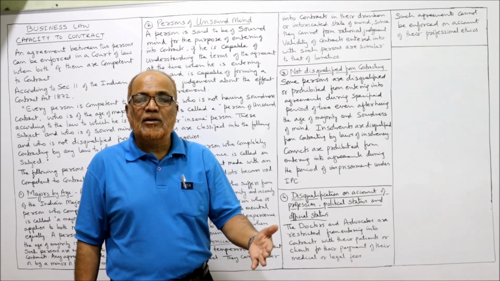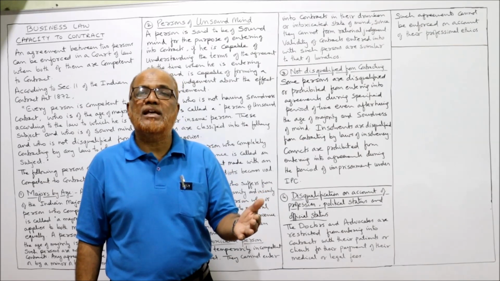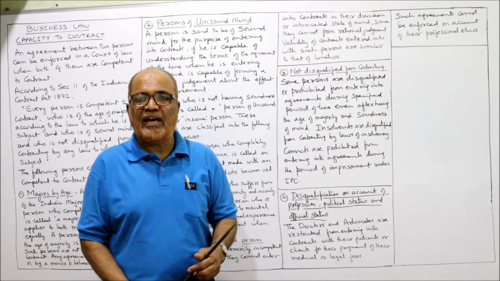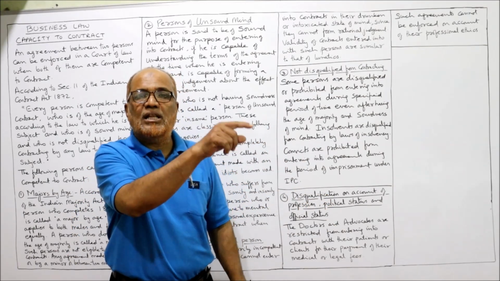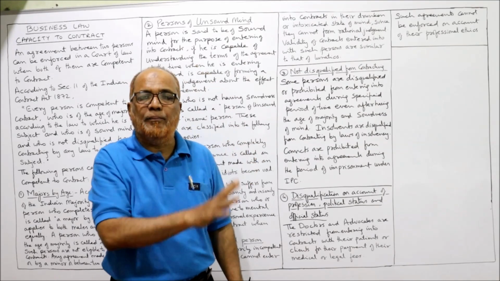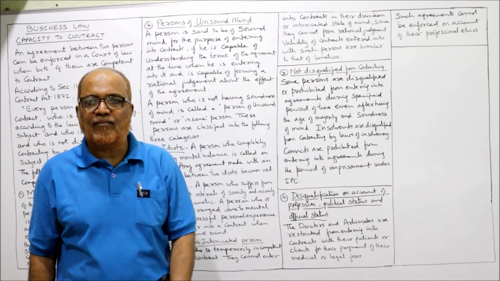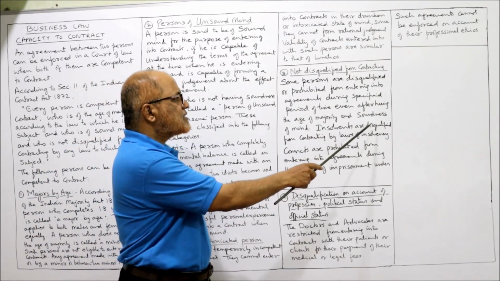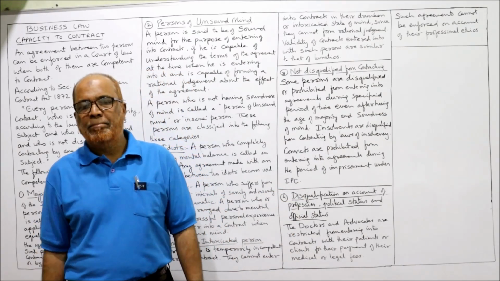For a specified period, the law has prohibited a person from entering into contract, in spite of majority of age and in spite of soundness of mind. Even if the person is of majority of age and of sound mind, still the law has prohibited him for a specific period of time. The example I have taken: insolvents are disqualified from contracting by the law of insolvency.